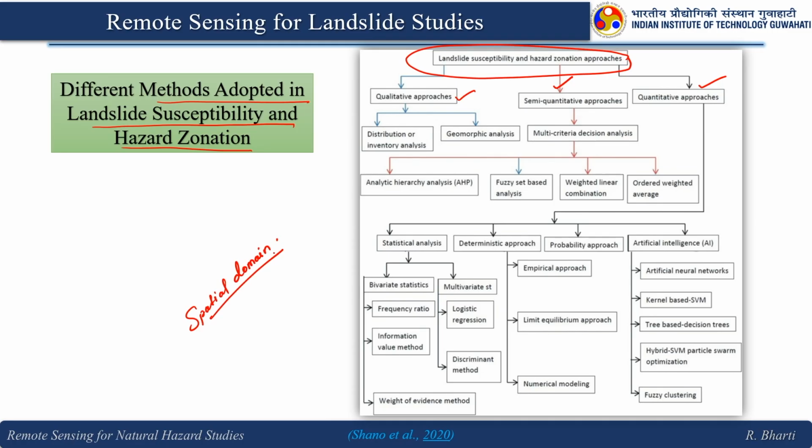When you restrict yourself to ground information and the conventional method, those will be point scale information. But when you incorporate remote sensing, it covers a larger area and we can call it spatial domain analysis.